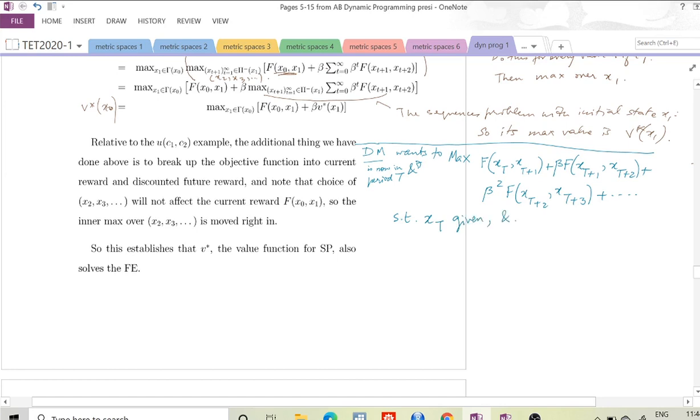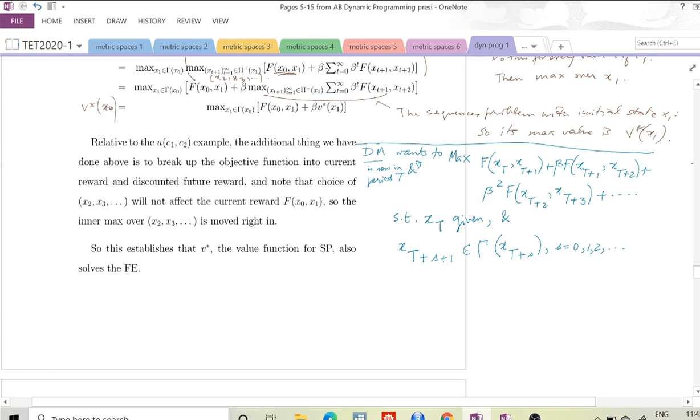and feasibility, right? So feasibility would be that, let's choose a different index here, x capital T plus s plus 1 must be chosen from the set of feasible states starting from the state x capital T plus s. And this must be done for all s starting with 0.